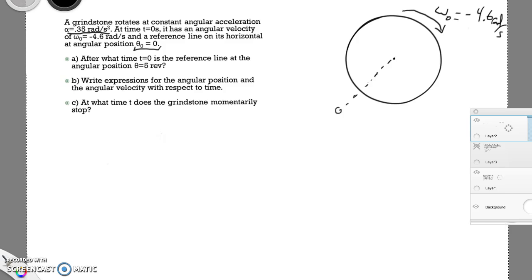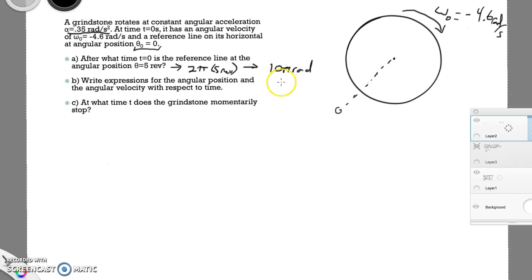So anyways, we have a position of 5 revolutions, which if we want to convert that to radians, that would be 2 pi times 5, giving us 10 pi radians. Okay, so we want to know at what time do we get 10 pi radians given our initial velocity and our acceleration.